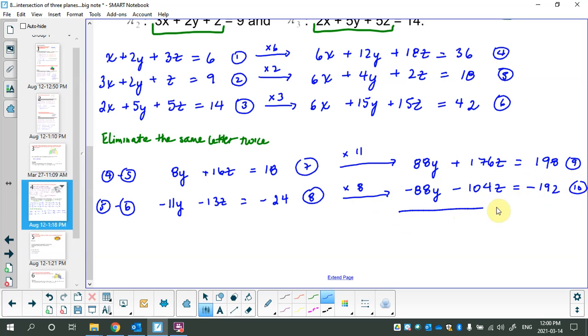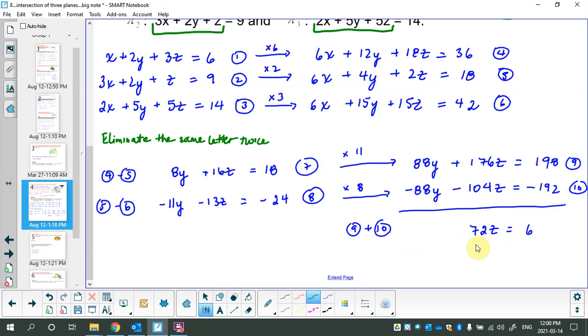Well, now I have to do whatever it is that I have to do to eliminate this, because that's what I have made the same. And if I add those, so if I take equation 9 and add it to equation 10, I will eliminate those. It means that I have to add these, which is 72z, and I have to add these, which is 6.